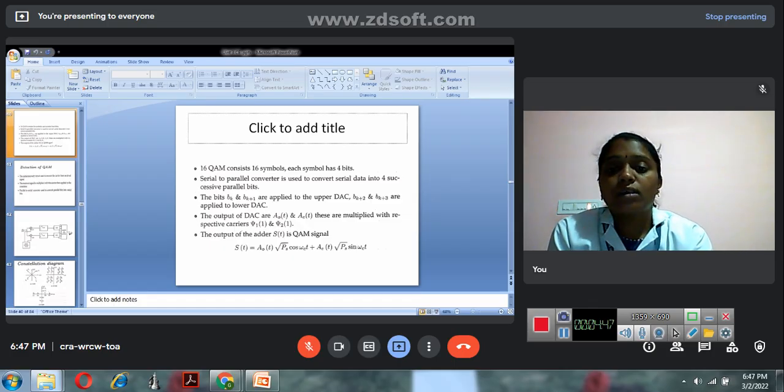The upper DAC has the input Bk and Bk plus 1, and the lower DAC Bk plus 2 and Bk plus 3.